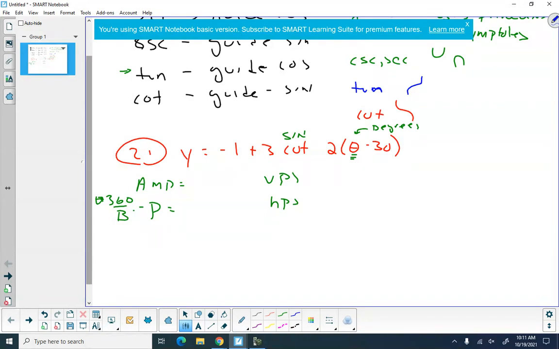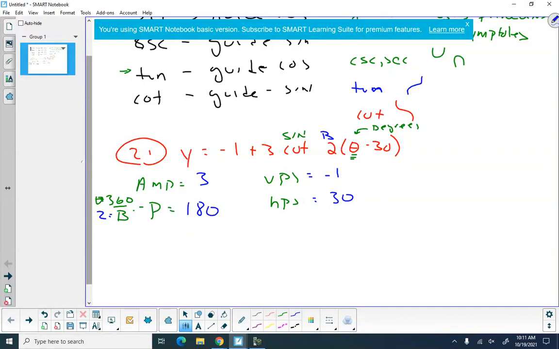Grant, what do you have for the amplitude and period? 3 and 180. Our b value is 2, so we have 360 divided by 2, so we have 180. Chloe, what's the horizontal phase shift? 30.